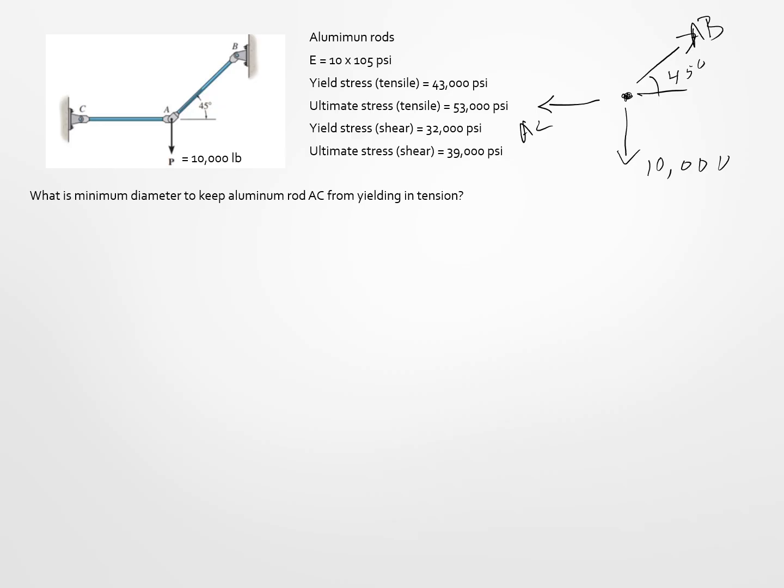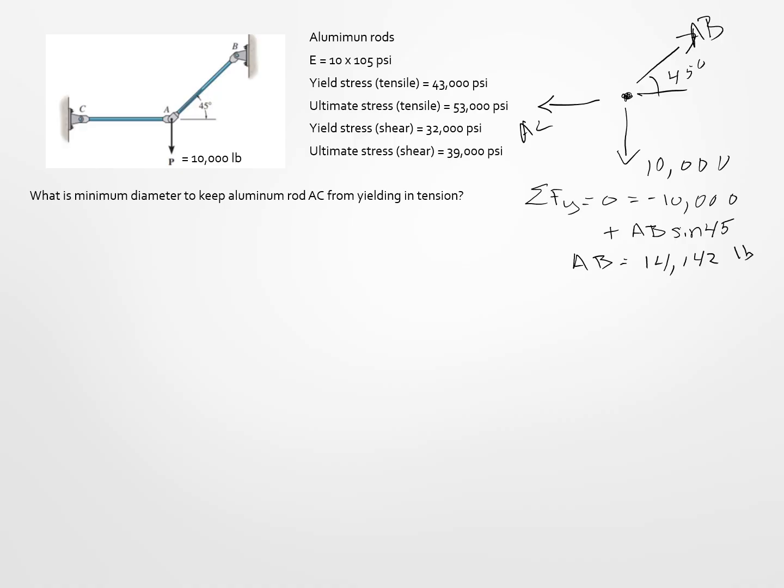So I can use the sum of the forces in the y direction is equal to 0 to solve for AB. So I'll have negative 10,000 plus AB sine of 45. And if I solve for that, I get AB is equal to 14142 pounds.